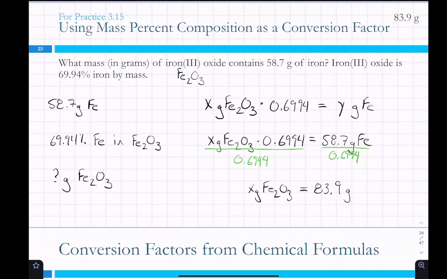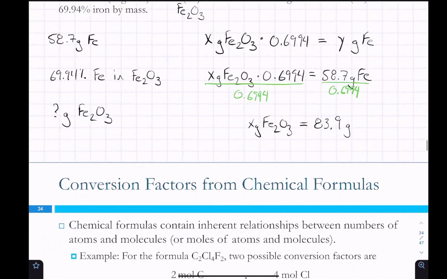If you take your percent mass of iron and you turn this into a conversion factor of 69.94 grams of iron over 100 grams of Fe2O3, and if we're starting with grams of iron, we can flip this because those two things are equivalent, and then you can cancel out the units, right? So that would be the unit analysis way of solving that one.